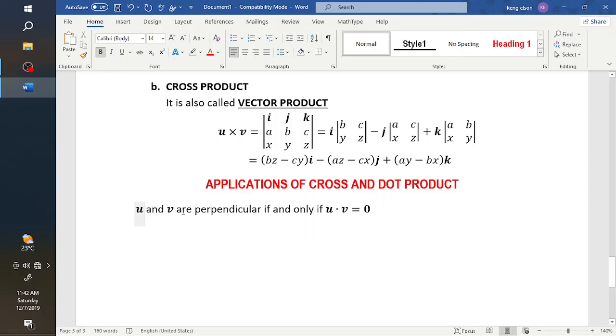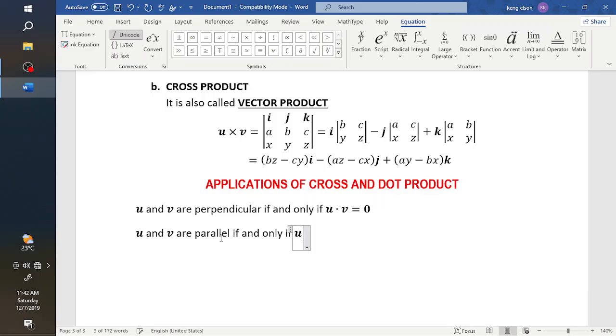Now, what about the two vectors being parallel? So U and V are parallel if and only if the cross product, that is U cross V, is equal to 0. Okay, so I'll not bold this 0.